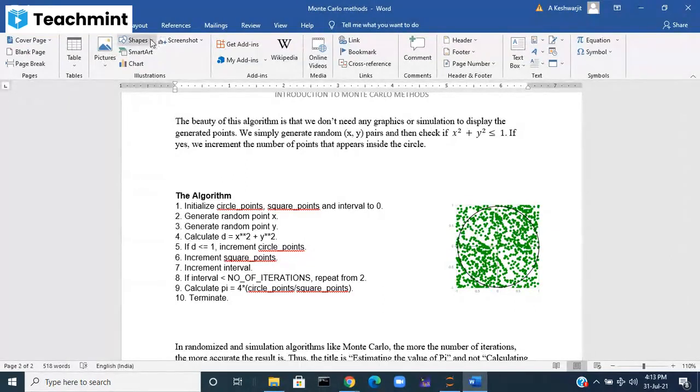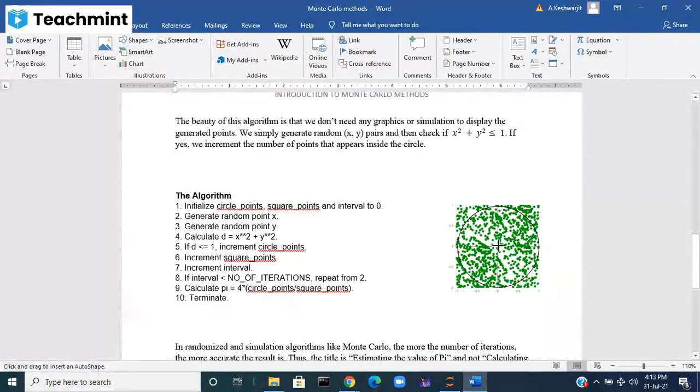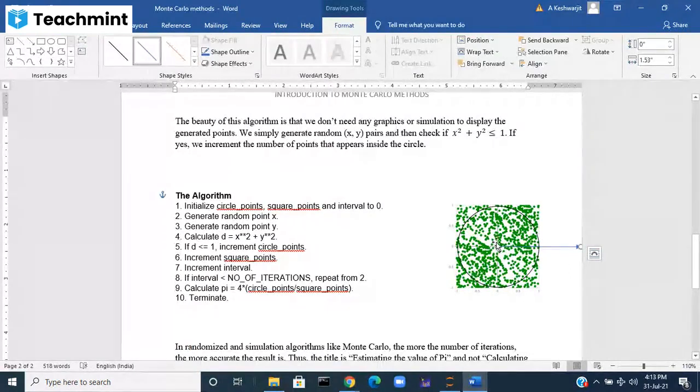Let me insert the x, y axis. So this is the origin, and this is the x axis. Let me take this as red.